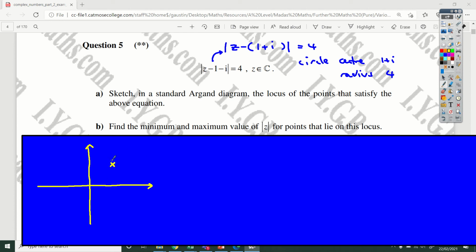Now, because it's only 1 by 1, if I've got radius 4, that's going to intersect the axes quite a lot. So I'm going to draw it quite big, round like this. All right, not particularly great, but there's a circle, or close enough. Right, 1 plus i is the center. The radius is 4.